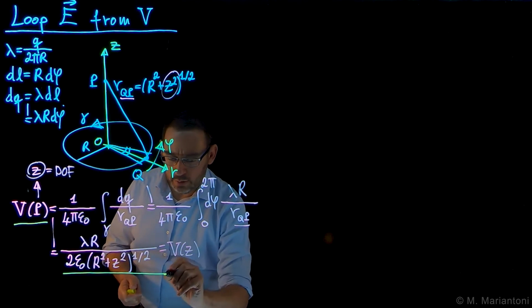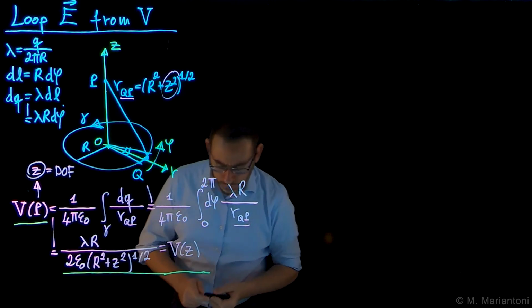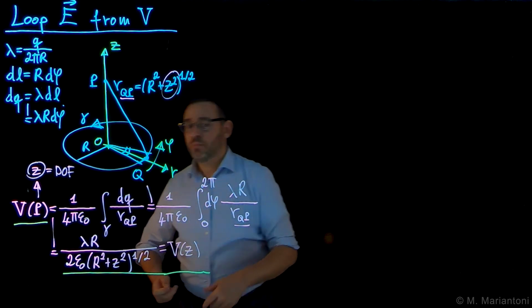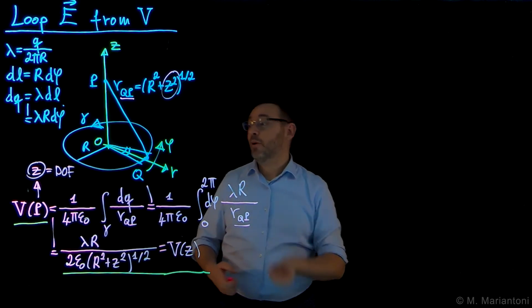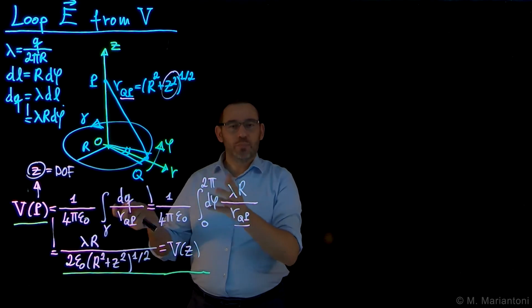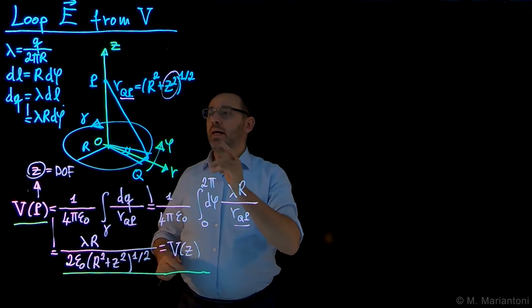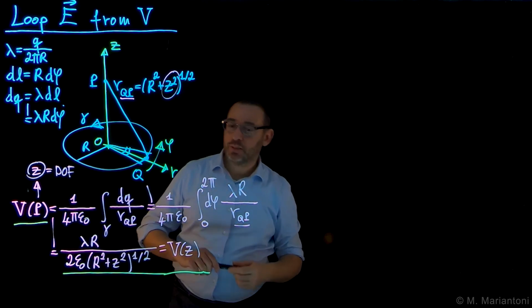Okay, great. So with this, we can finally use all this knowledge in order to find E from V, which was very simple, simpler even if you want, than what we've done with Coulomb's law and the superposition principle.